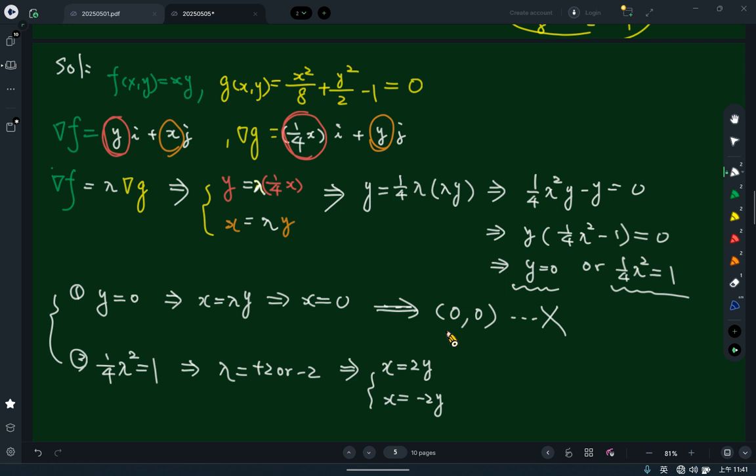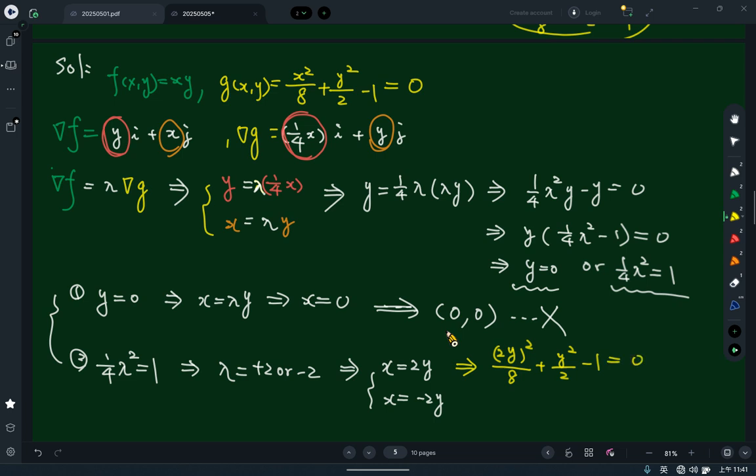Then just use this one, we can get s squared, (2y) squared over 8 plus y squared over 2 minus 1 is equal to 0.